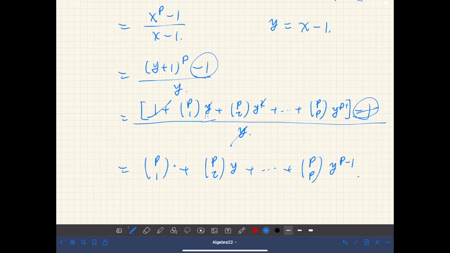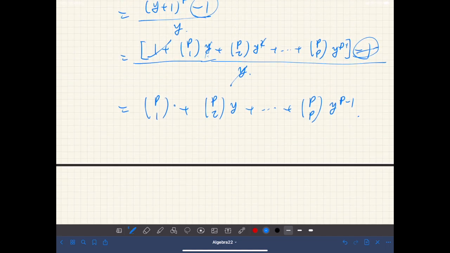Now, p divides every coefficient except for this one. This is equal to 1, so it is not divisible by p.